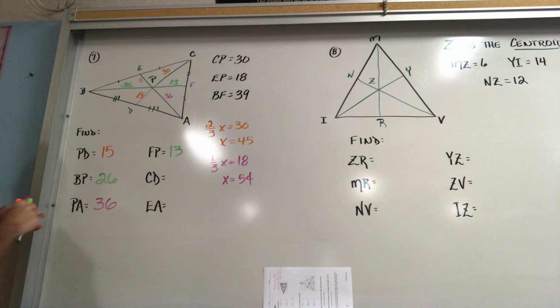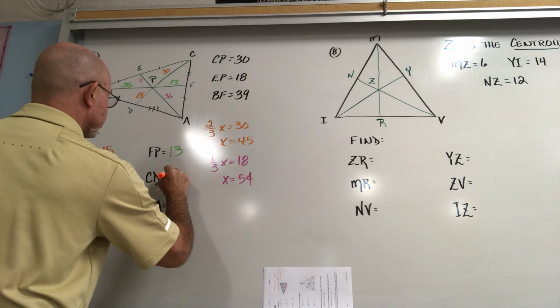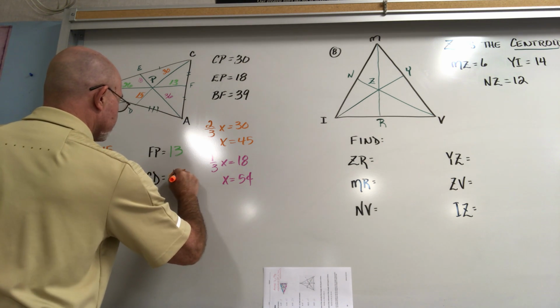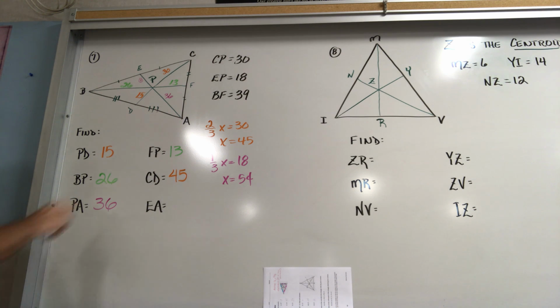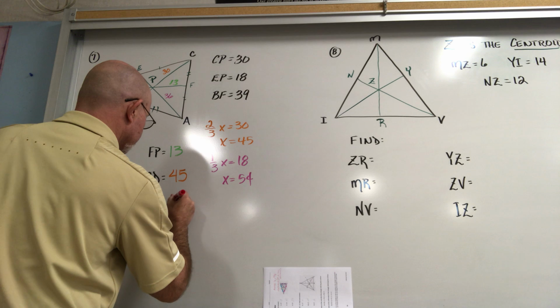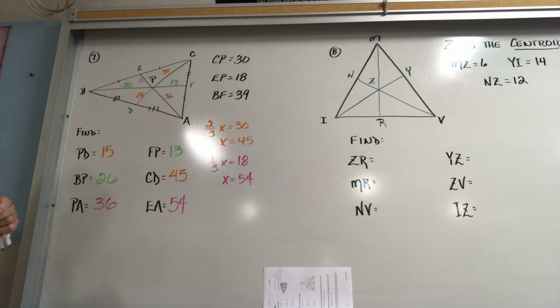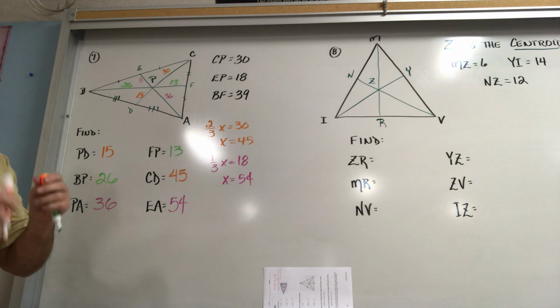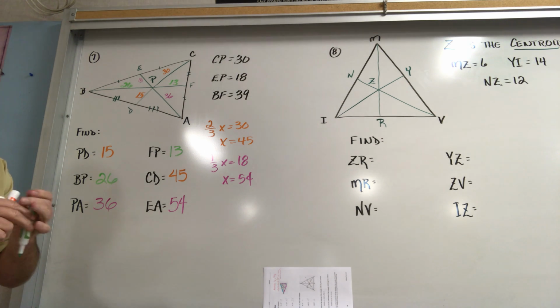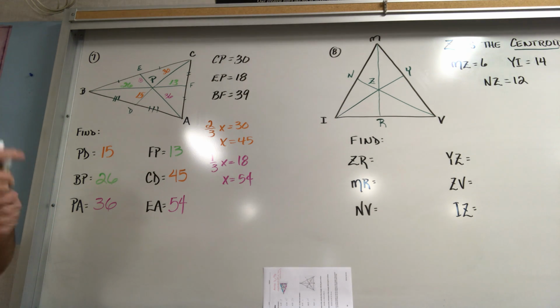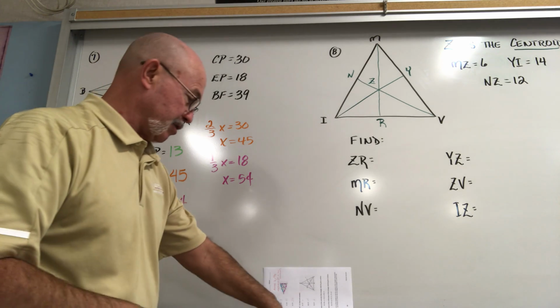CD, the entire length. And EA, the entire length right there. That's how you attack medians and the length of medians.